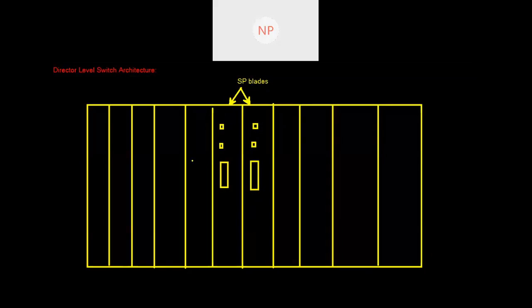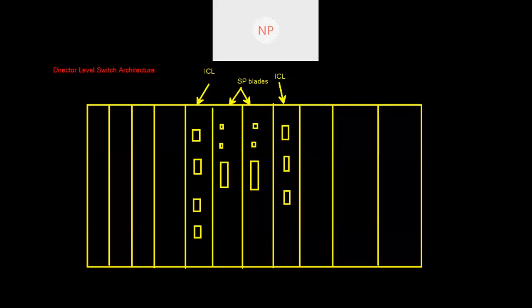Along with that, we'll have two more blades called ICL blades. ICL blades have dedicated ports which you can use to connect to another switch.